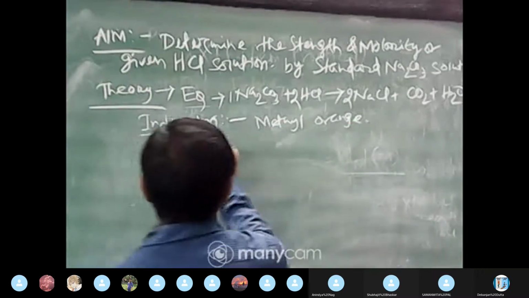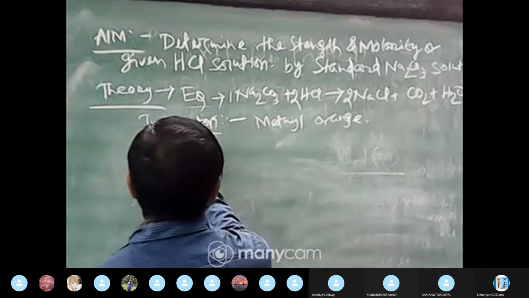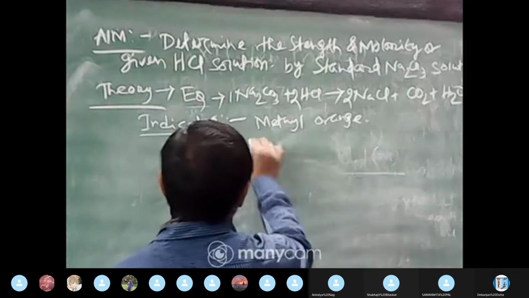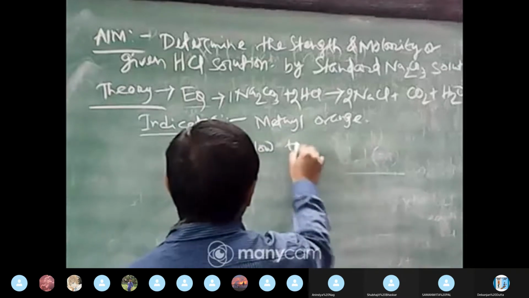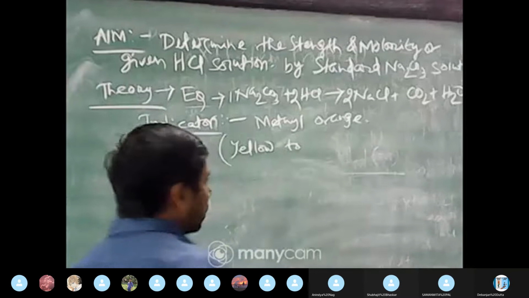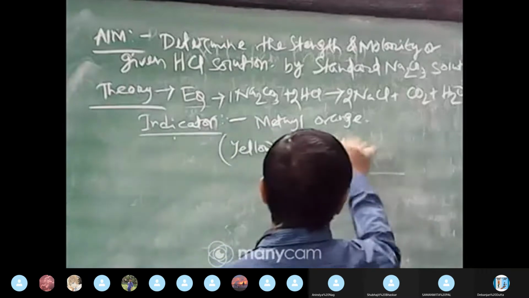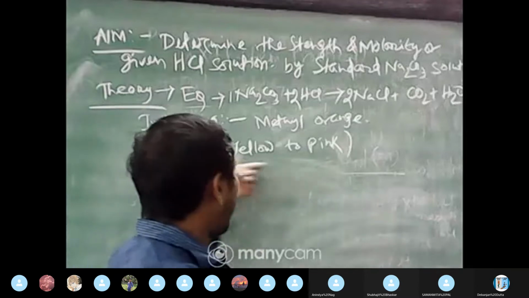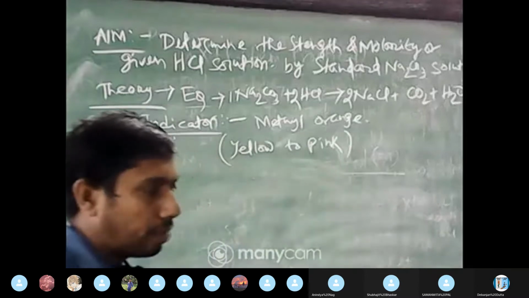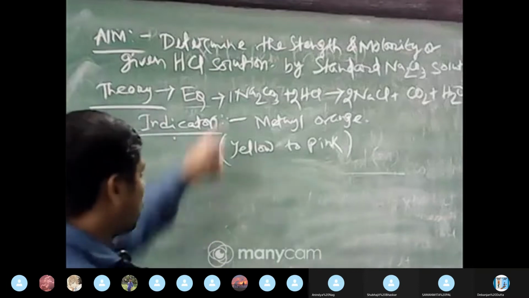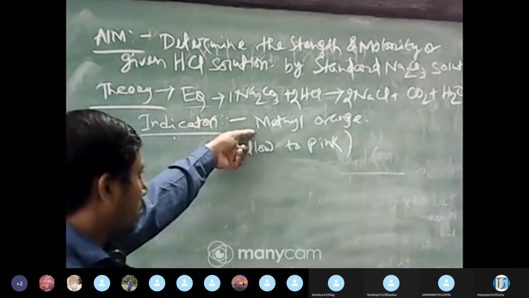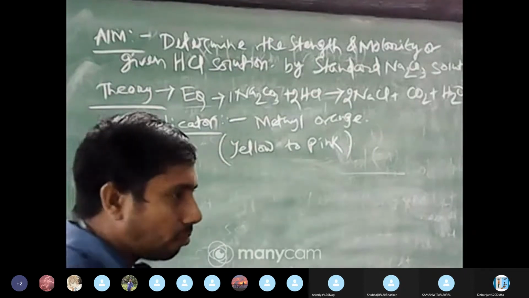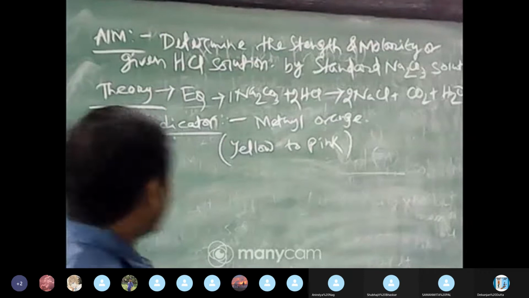We are adding methyl orange to a basic solution. The color of methyl orange in basic solution is yellow, and at the end point when it turns acidic, it will be pink. So it is the conversion of yellow to pink at the end point of the titration. This is the equation involved, the indicator required, and the color change. This comes from the theory part.